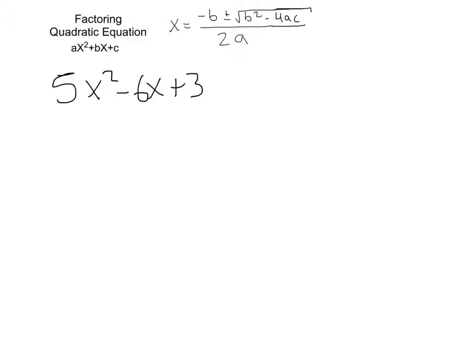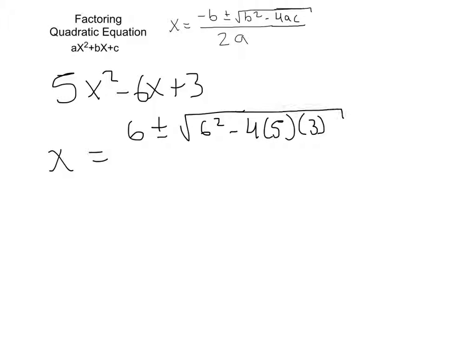So we'll say x equals negative b, so in this case it'll be a positive 6, plus or minus the square root of 6 squared minus 4ac all over 2a.